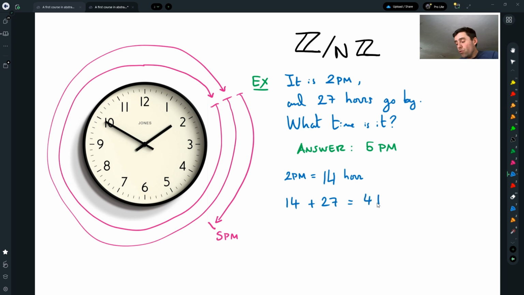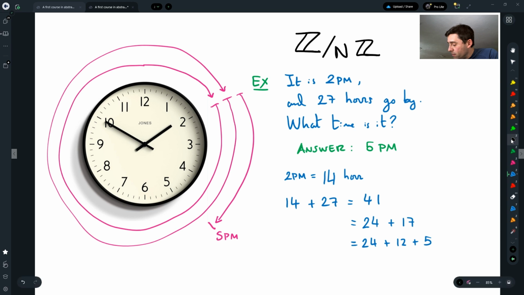Then what we can do is subtract multiples of 24, because those are entire days, and we know that the clock resets after an entire day. So this is 24 plus 17, and 17 is 12, so that brings us to noon, plus 5.